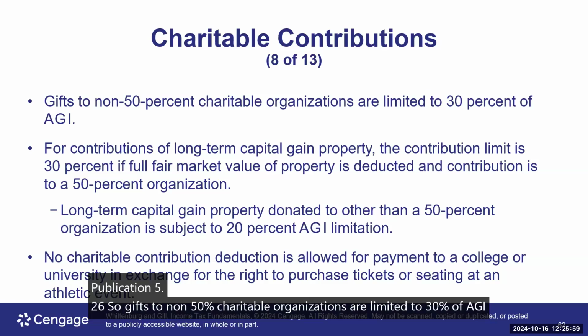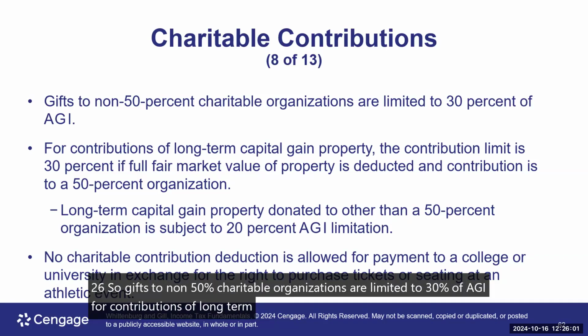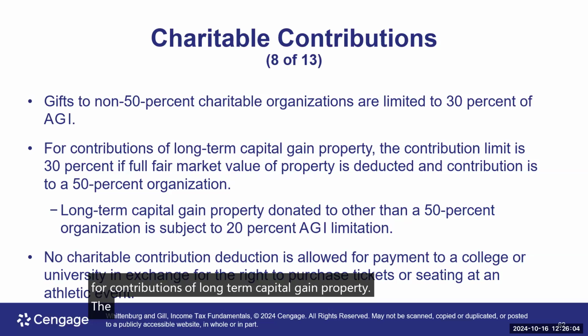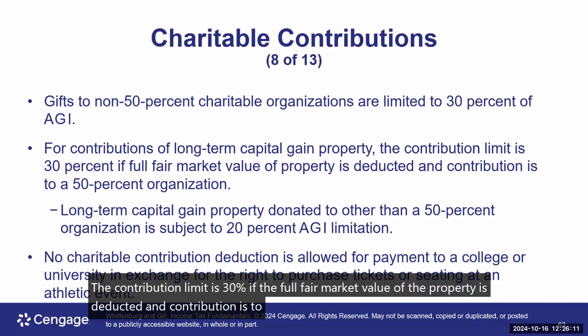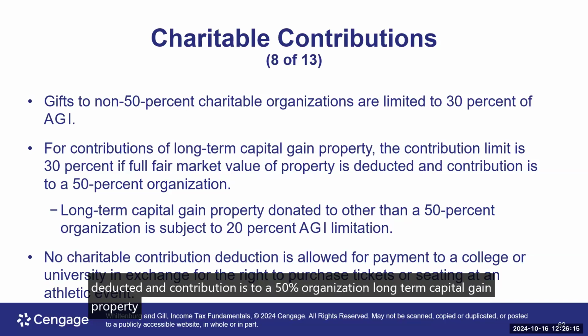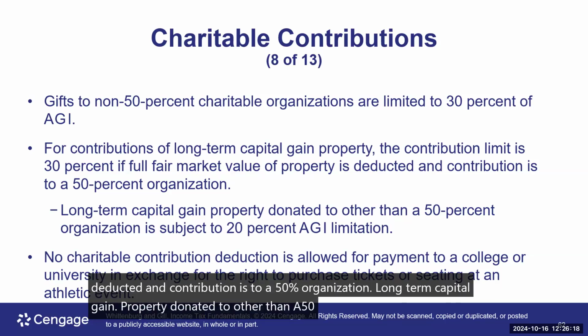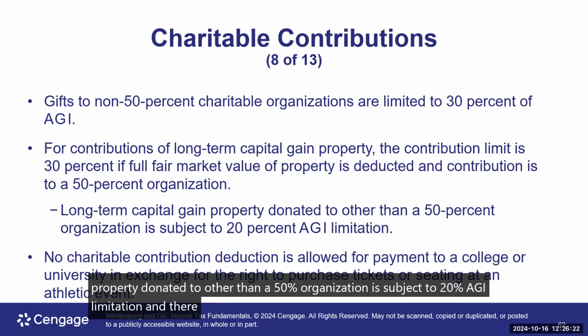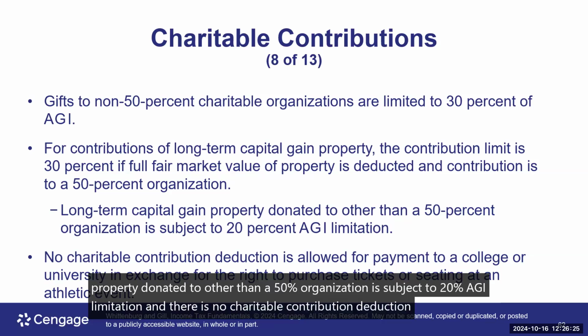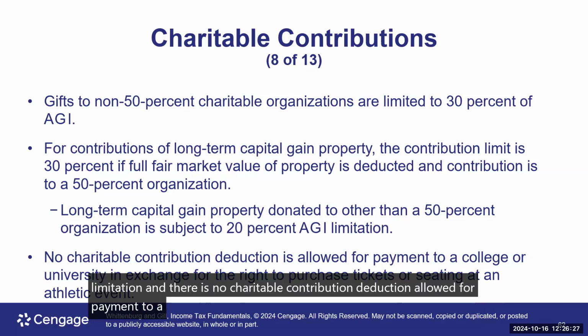For contributions of long-term capital gain property, the contribution limit is 30% if the full fair market value of the property is deducted and the contribution is to a 50% organization. Long-term capital gain property donated to other than a 50% organization is subject to a 20% AGI limitation, and there's no charitable contribution deduction allowed for payment to a college or university in exchange for the right to purchase tickets or seating at an athletic event.